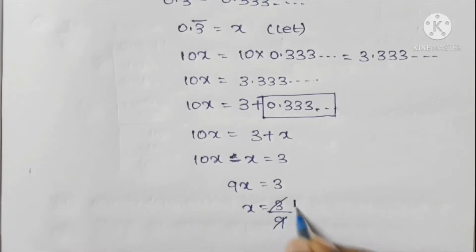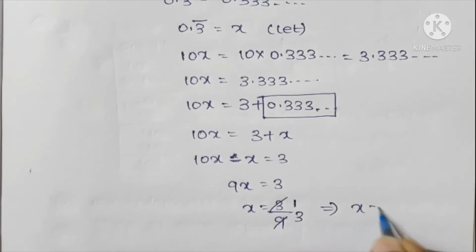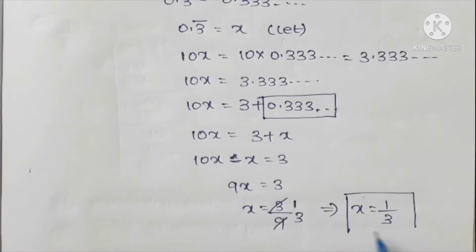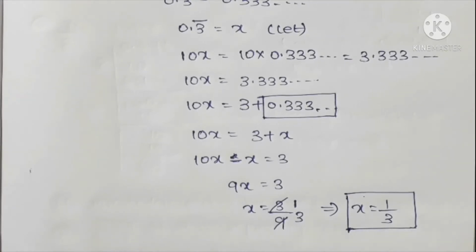It is cancelled and we get 1 by 3, that is x equals 1 by 3, that is 0.3 bar can be expressed as 1 by 3, and this is about the second problem. Now let us see the third problem as below.